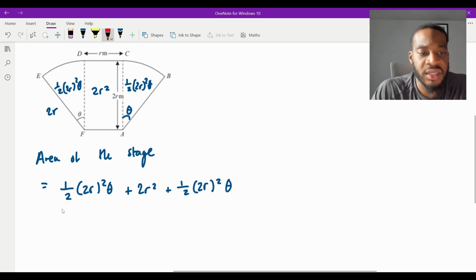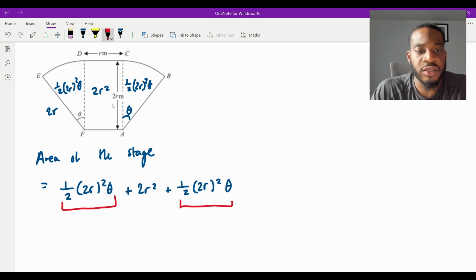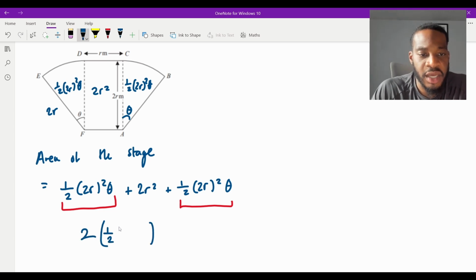Now I've got two of the same thing, two lots of a half (2r) squared theta. So these two will simplify to be two lots of that same expression algebraically. So I get that there.